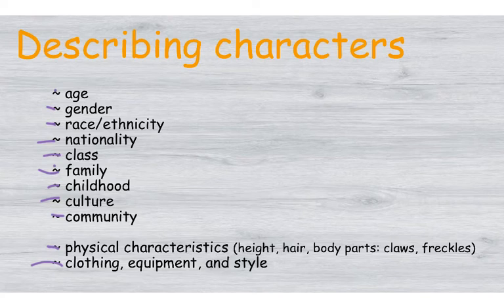So those are all different ways of describing characters. So you can say, like in the book that we're going to read, it's about a family. There's a little girl, and it's about her grandma, and they speak 2 different languages. So for that book, it is very important to describe the characters because they aren't able to communicate, which is one of the problems in the story.